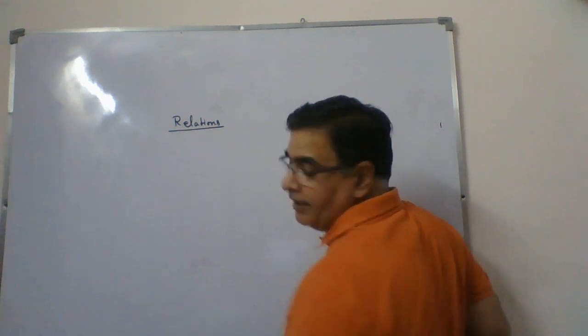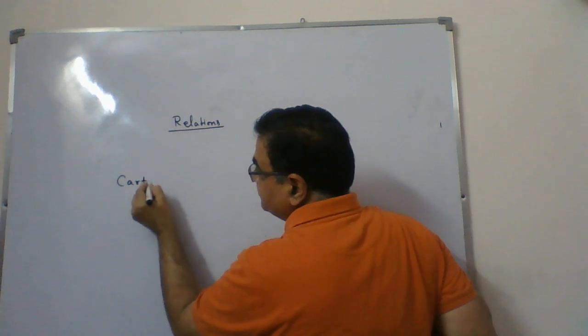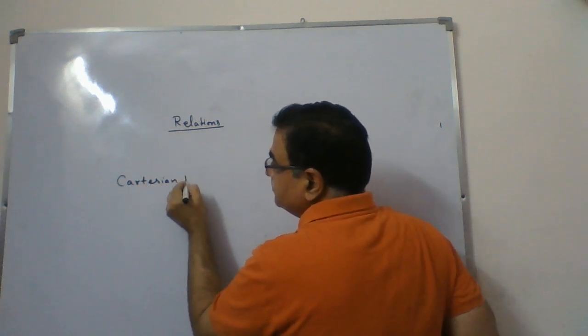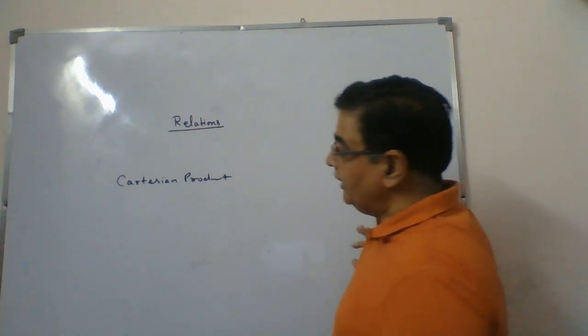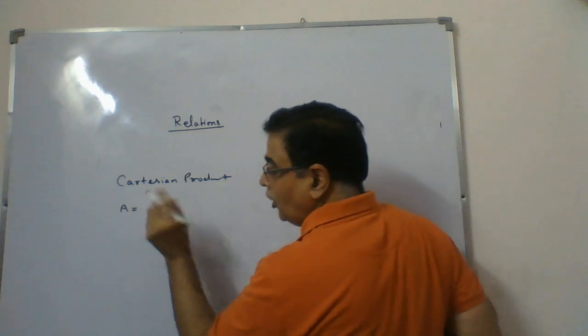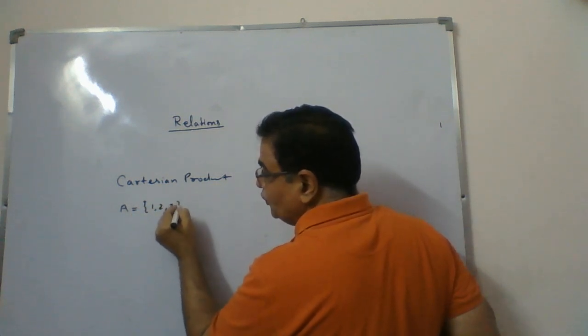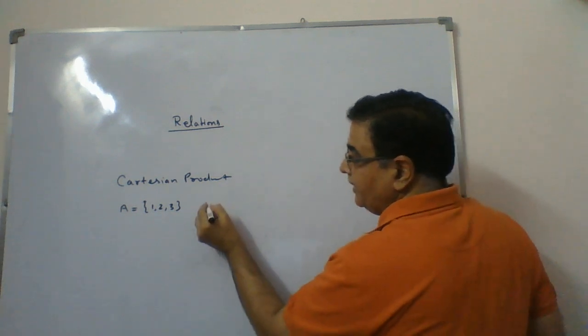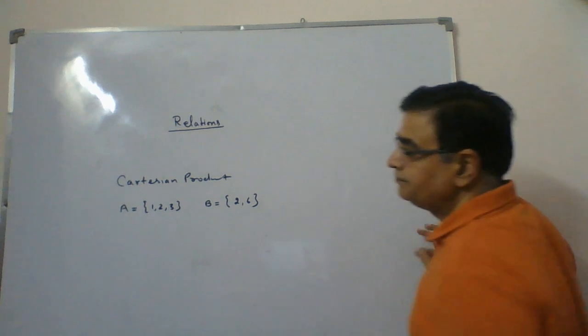After that we did the Cartesian product. In the Cartesian product, let there be two non-empty sets. Let the set A have elements 1, 2, 3. Then let another set B be 2 and 6.